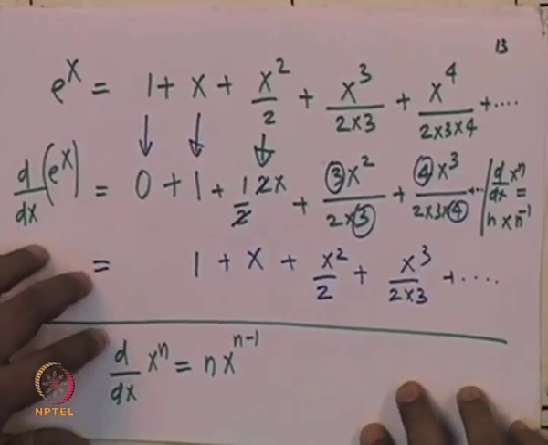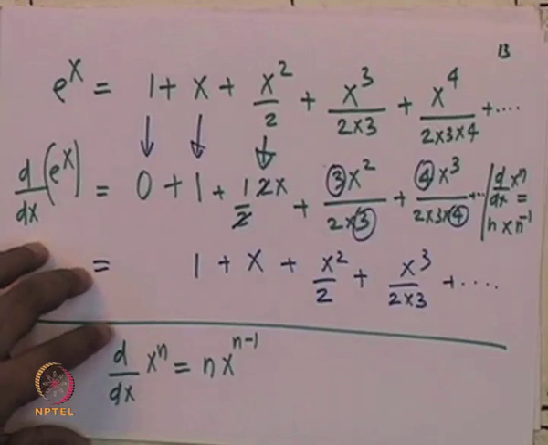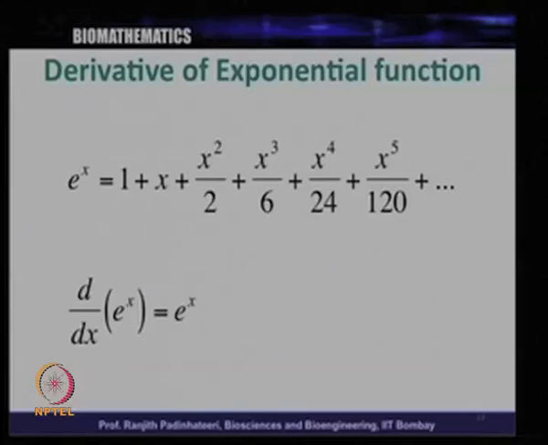So this is one thing we learn: the derivative of e power x is e power x itself. This is an exercise for you. Whatever I wrote here, take a paper and take many terms, up to x power 20.